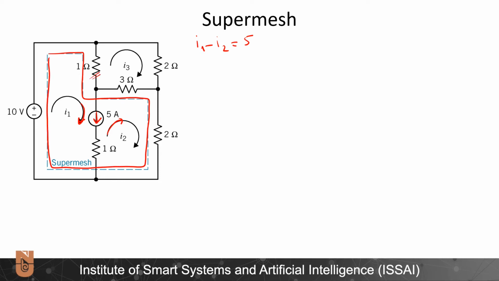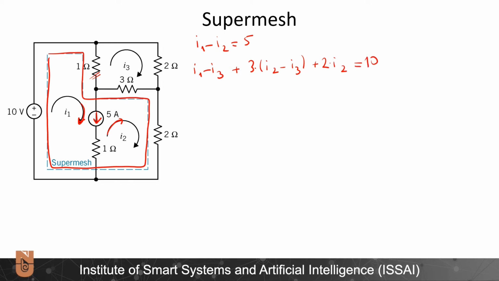Let's start with this 1 ohm resistor. I1 minus I3 times 1 ohms, but I will not write that, plus 3 times I2 minus I3 plus 2 times I2 is equal to 10. So this is my second equation.